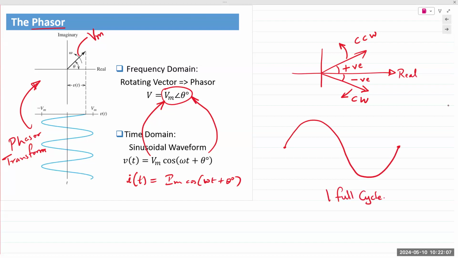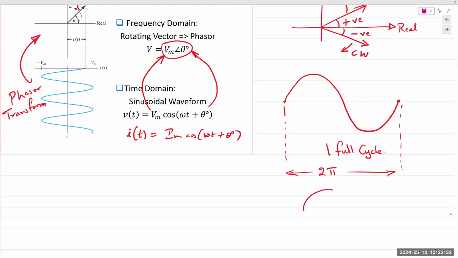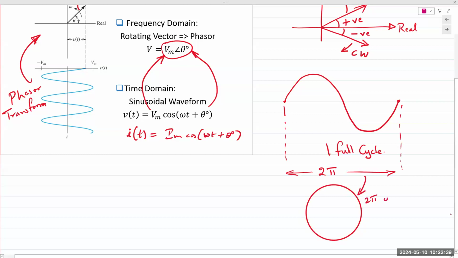Mathematically, in radians, one full cycle is 2 pi. Circumference of a circle, 2 pi r. So in radians it's 2 pi, or because it's a circle, 360 degrees.